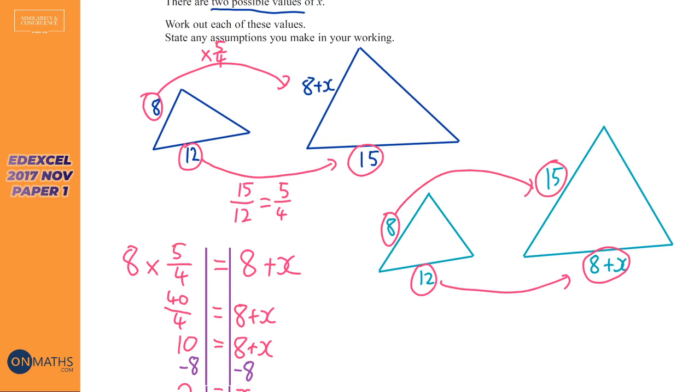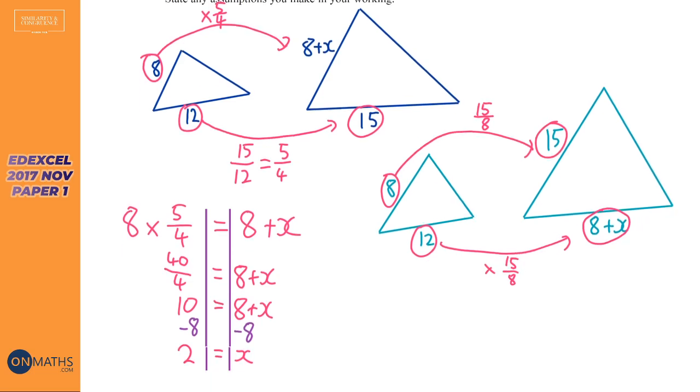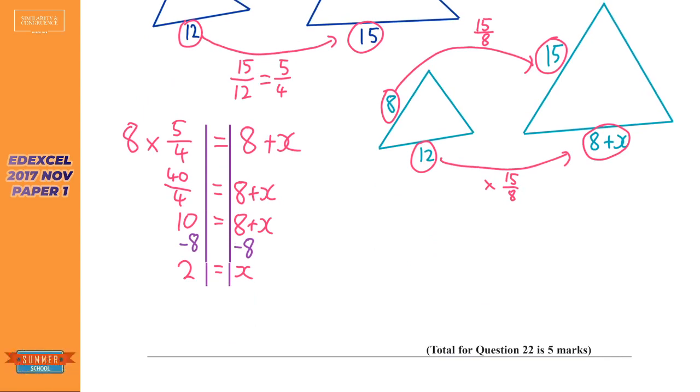So we do the same again. So this time it's 15 over 8 to find the scale factor. And so we've got to times that 12 by 15 over 8. And so again, we're just going to do the same as we did before. So it's going to be 12 times 15 over 8 equals 8 plus x.